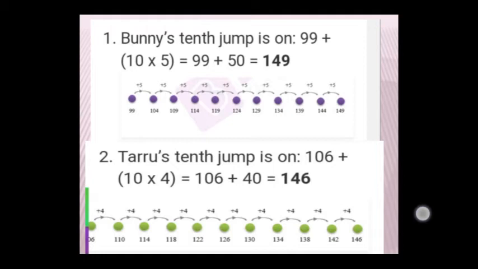So 106 plus 10 into 4, which is 40. 106 plus 40 is 146. Here Taru is first standing on 106, so you have to add 4, 10 times. If you add 4 ten times, you get 146 as the answer. Like that, you have to find Taru's 10th jump.